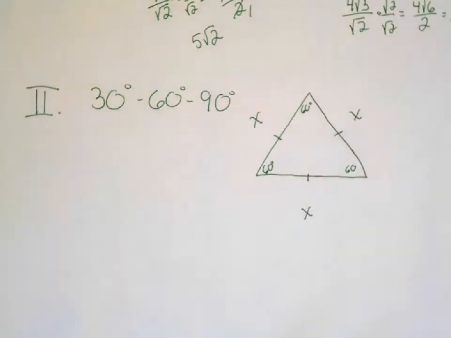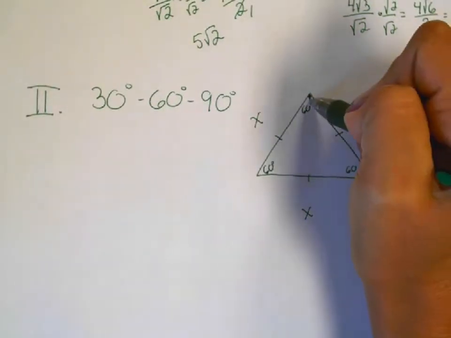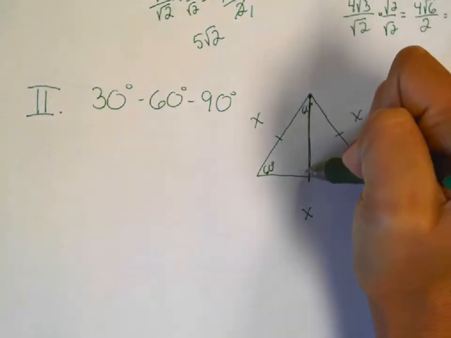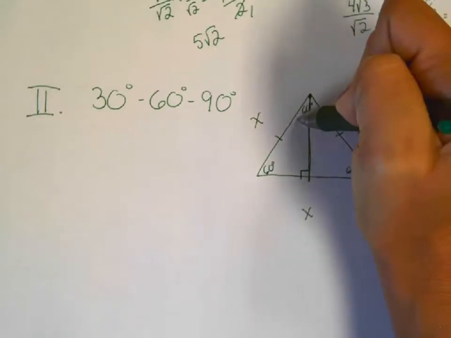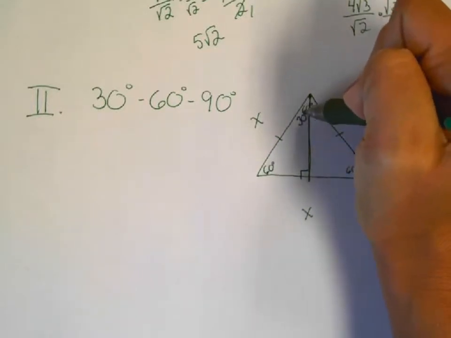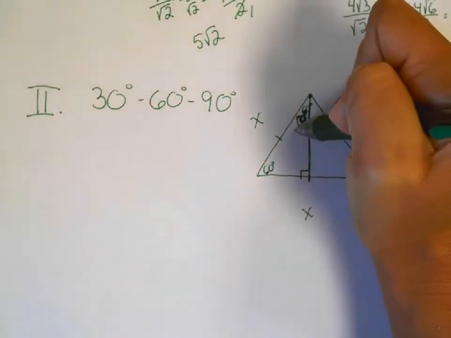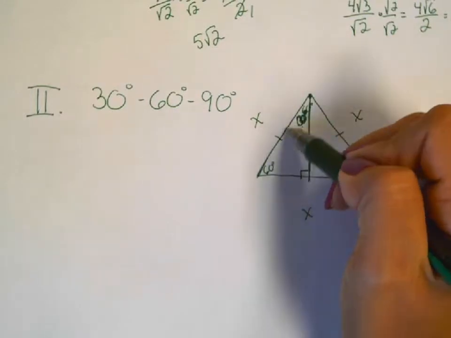Now, making the right triangle, we just drop from the top vertex straight down. Now we have a 90. We've cut the 60 in half to a 30. This side was our original side length on our triangle.